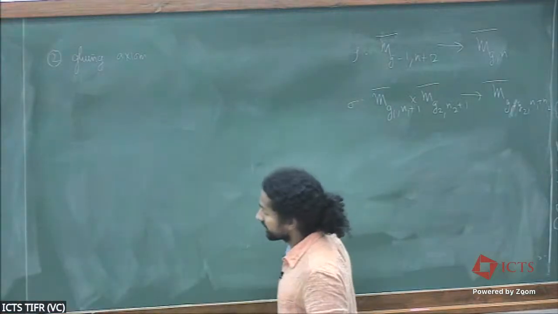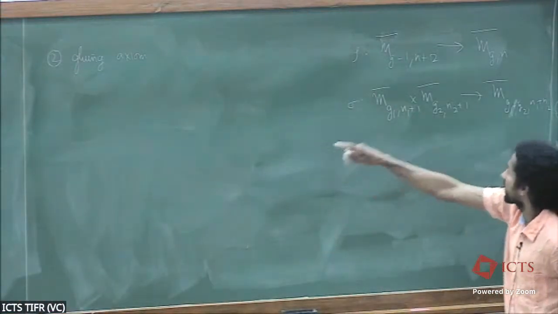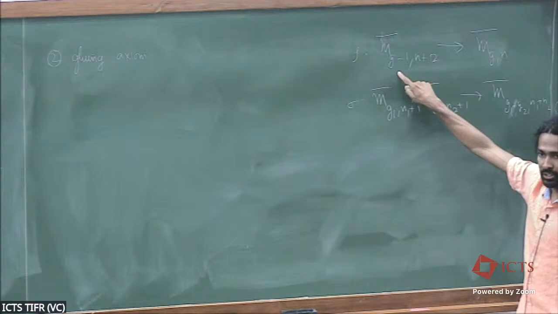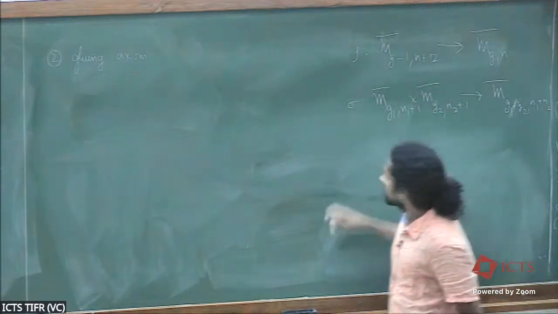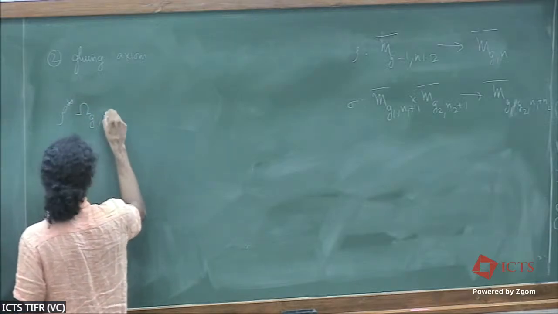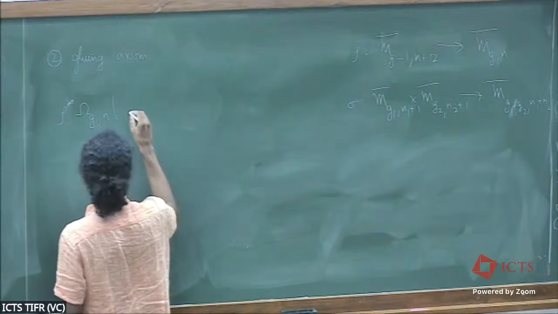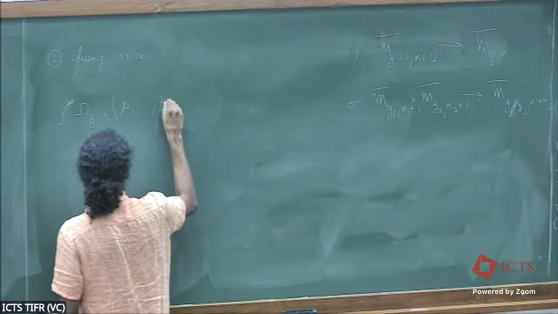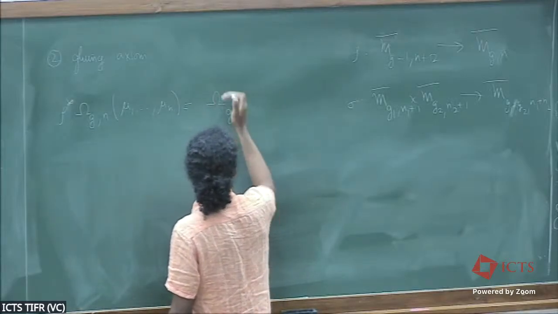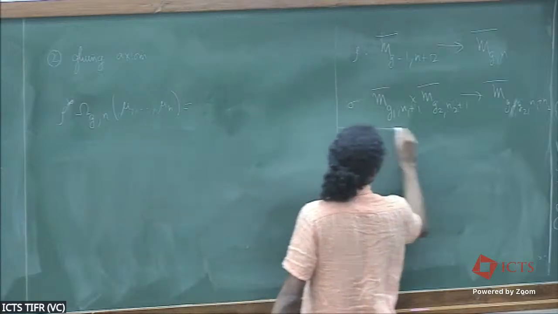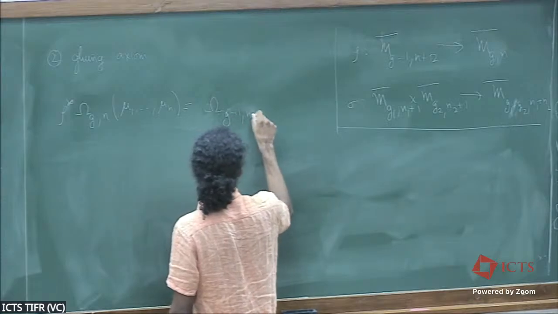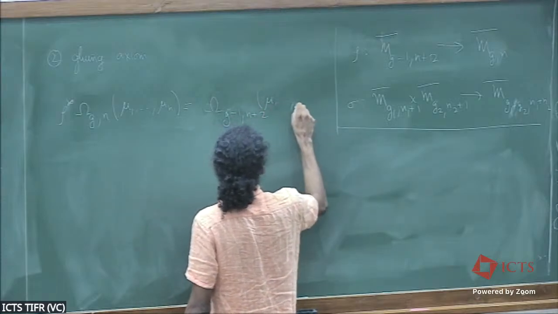Okay, and what I need is that if I have my cohomology class omega_{g,n} up here, and I pull it back, it should pull back to the corresponding cohomology class on this moduli space. So omega_{g,n}^{mu1 up to mu n}, pull it back here, so I should get omega_{g-1,n+2}^{mu1 up to mu n}.